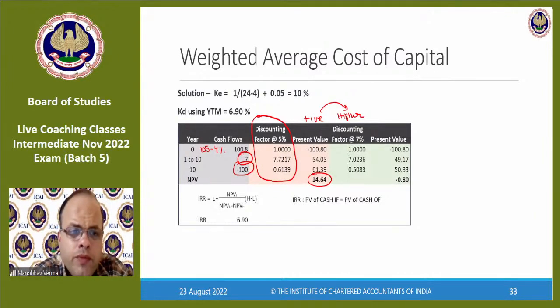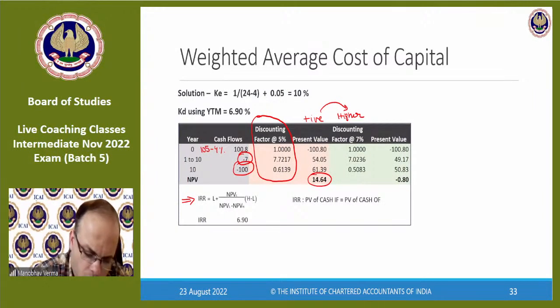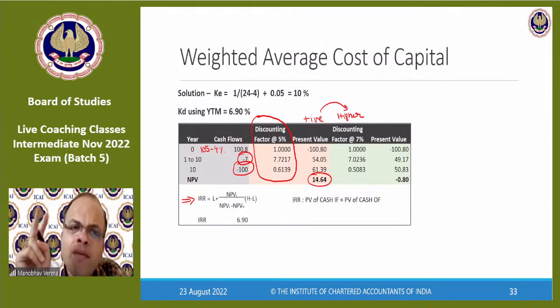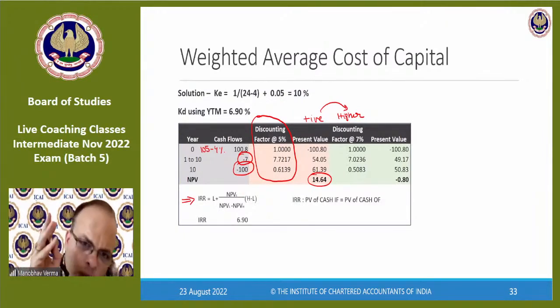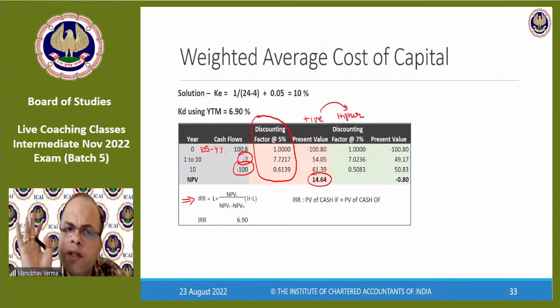If you remember the formula, the IRR method, the lower rate and based on the NPV we calculate an IRR. IRR is that rate at which the current proceeds are equal to the present value of the future cash flows. So Smita, we need to randomly select two rates and calculate one positive NPV and one negative NPV.